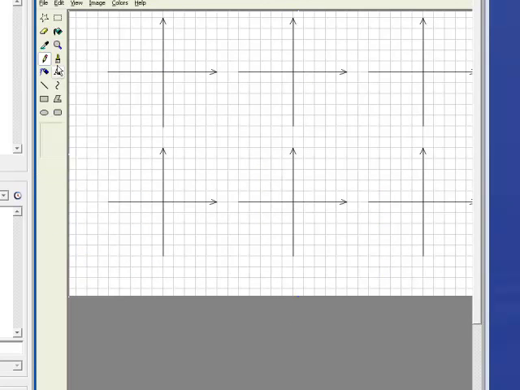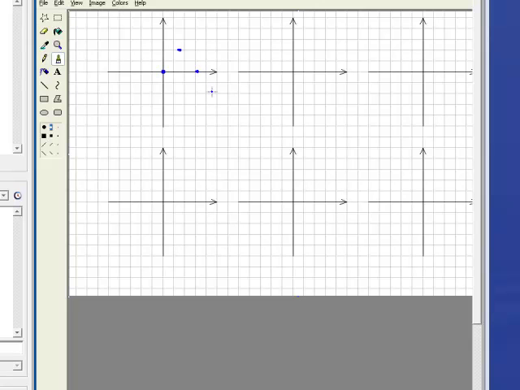Okay. So the first one for the sine was that we had the ordered pair 0, 0. Then we have pi over 2, which is 1.57 and 2, so we're roughly here. Then we have pi and 0, so we're roughly here.